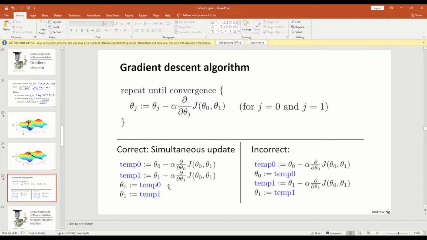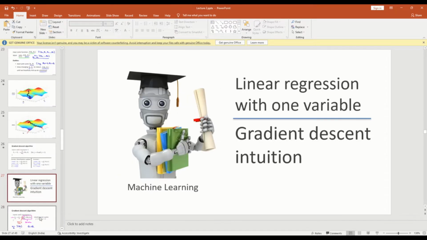Because we also need to update theta 1. For theta 1 also we will take the derivative of the cost function J, multiply the derivative by alpha, meaning the learning rate, and then subtract it from theta 1 and save it in temporary 1. Then, using this temporary 0 and temporary 1, we will update our theta 0 and theta 1. Okay, so this is how your gradient descent algorithm works.